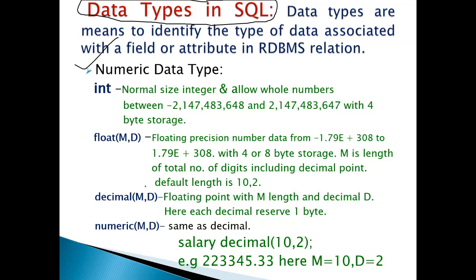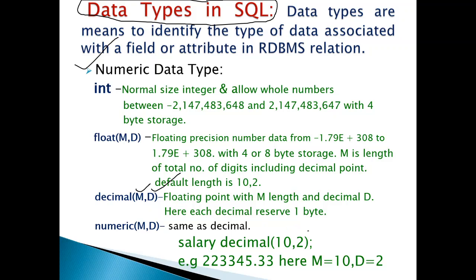Here we will clear one point. What is the meaning of M and D? M is the total number of digits in a value which we insert in a relation, and D is the number of digits after the decimal point. If M is 10, it means the total length of that value is 10, and D is the decimal part.